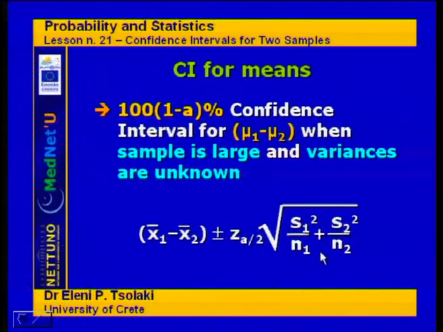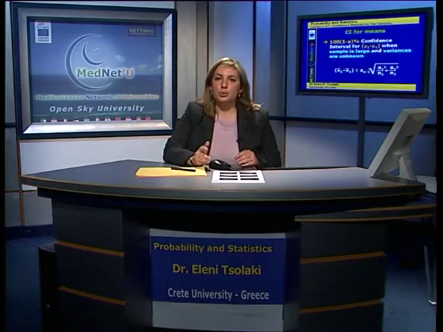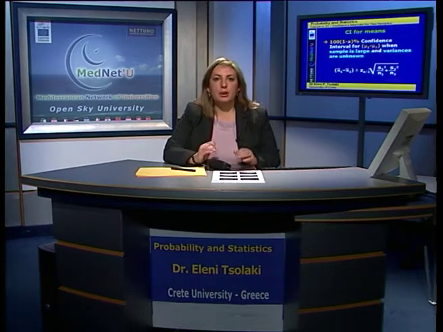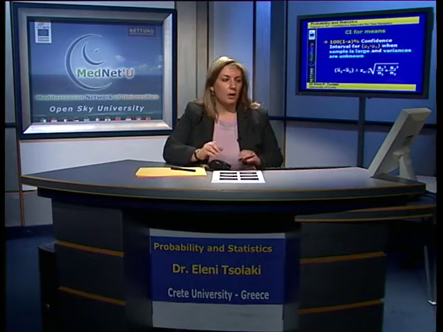And here as well for the second sample, and we note here that we could have two different sample sizes. We do not require the two samples to be equal. N1 and N2 can be two different numbers.